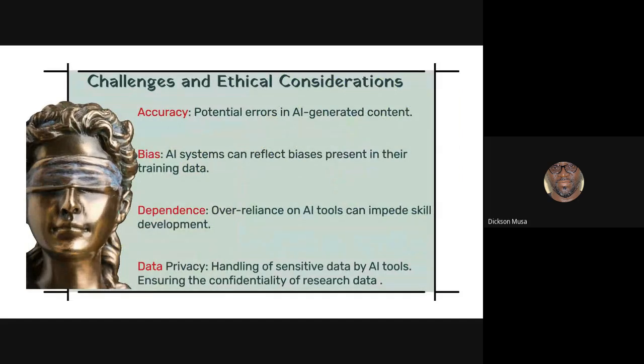Now, there are certain challenges with the use of AI, and there are ethical considerations we must look at. One is accuracy. AI tools hallucinate. You know what hallucination means? When you say incoherent things, you are out of your senses.